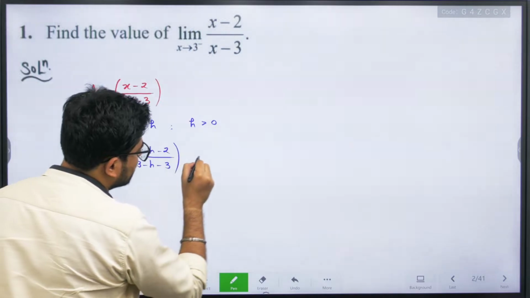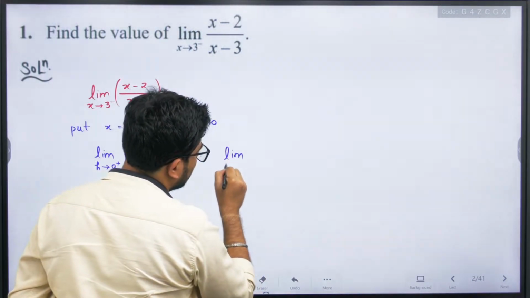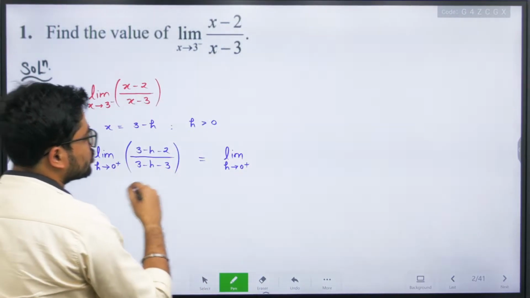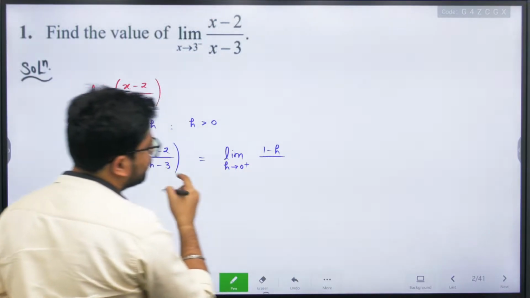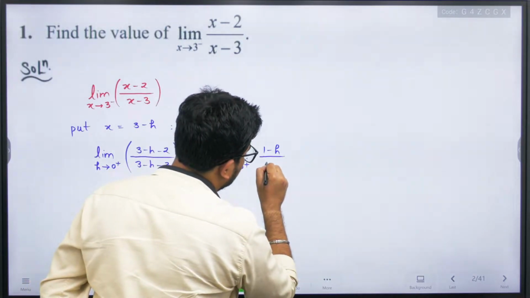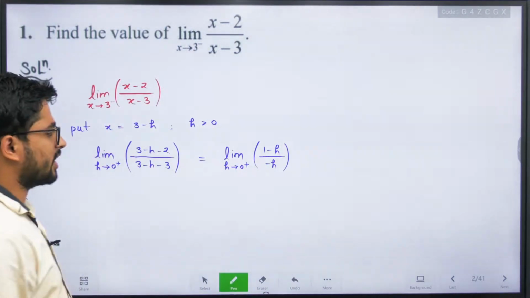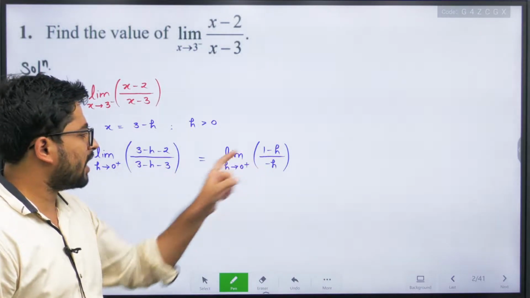That is limit h tends to 0 plus, 3 minus 2 is 1, so (1 minus h) divided by 3 minus 3 minus h, which is minus h. So this is limit h tends to 0 plus of (1 minus h) upon minus h.